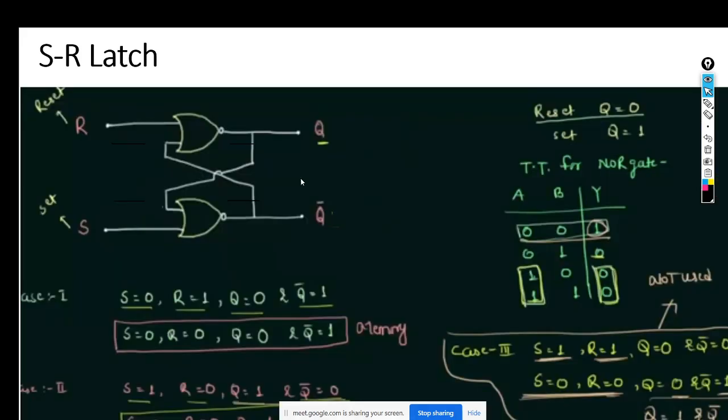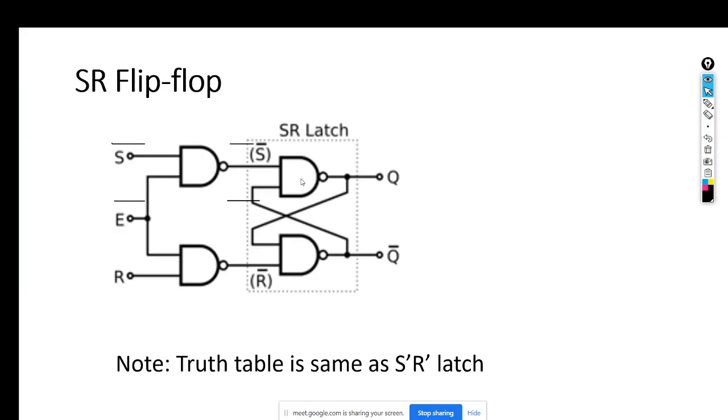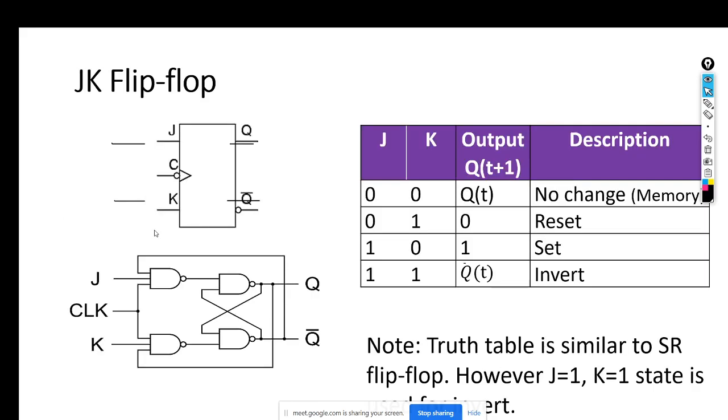But if you look at a flip-flop, you can see there's a clock signal as well, and it's more complicated. So you can see flip-flops have clock signals, shown here as clock.